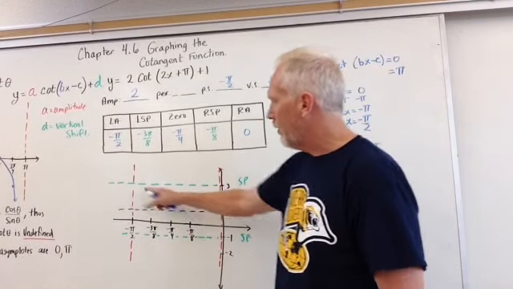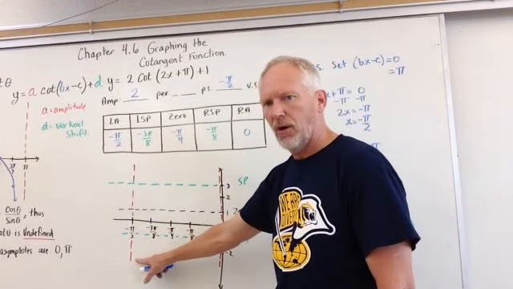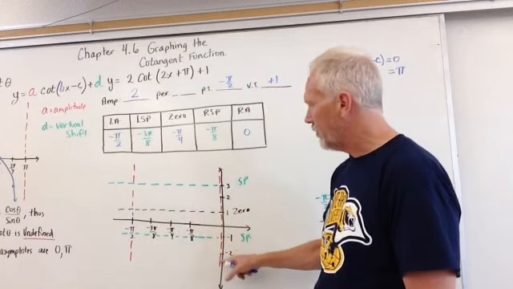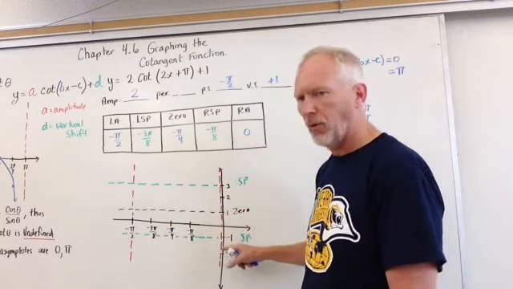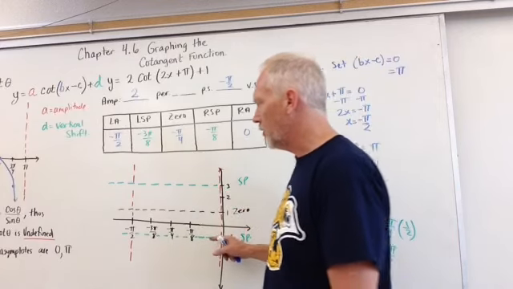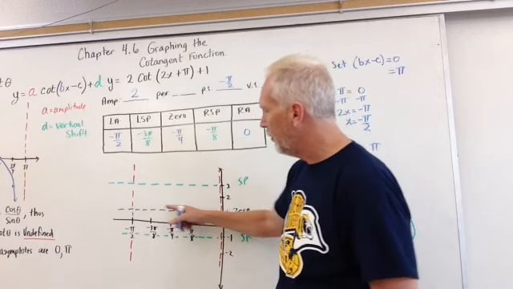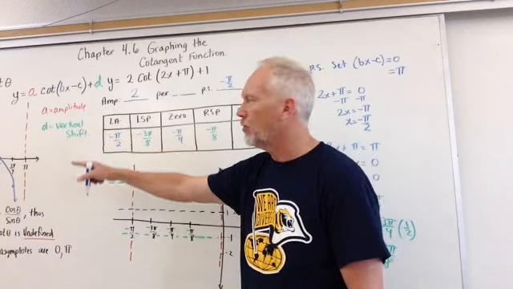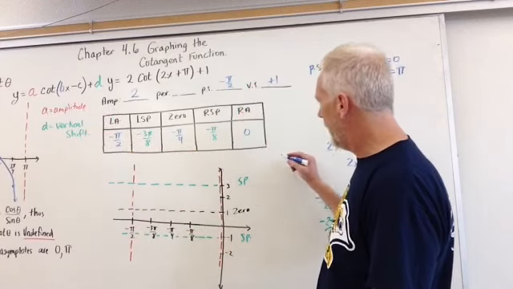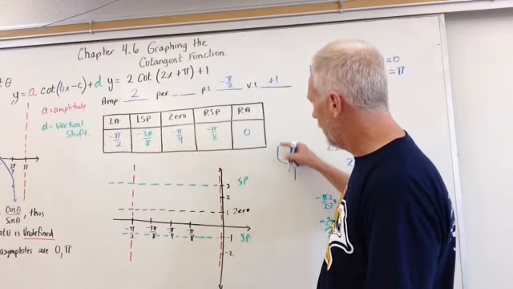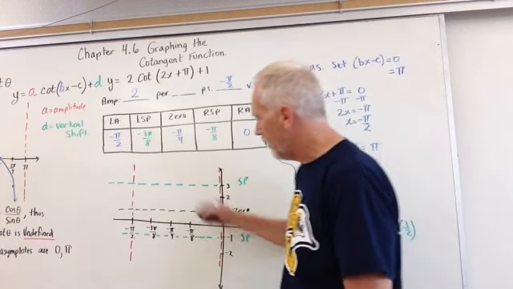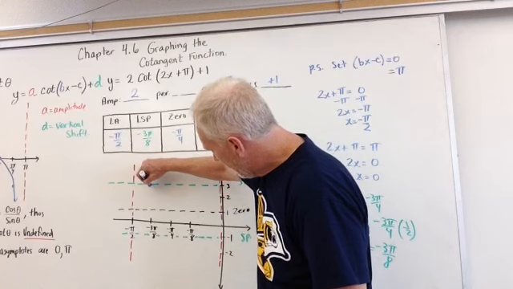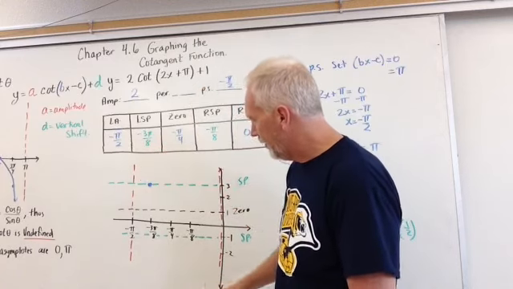So let's see. We have our left asymptote. That's already drawn in red. We have our right asymptote. That's drawn in. That's at 0. We have our places where our shoulder points should go. So now all we've got to do is draw the curve. At negative 3 pi over 8, we know that the natural curve for a cotangent rises left, falls right. So I'm going to put my left shoulder point there.